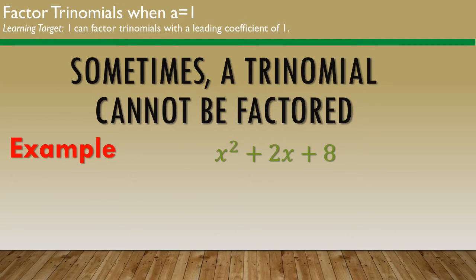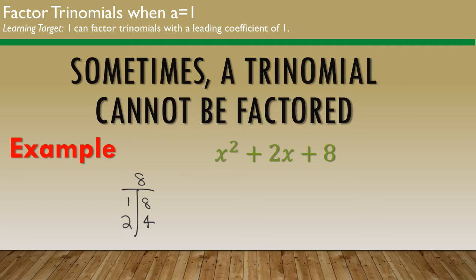Something else that could happen when we're factoring trinomials is that they cannot be factored. For example, if I was going to try to factor this one, first of all, look for a common factor. Is there anything common here? No, they don't have anything common, but when I try to factor this, look for factors of 8. So I've got 1 and 8, 2 and 4.